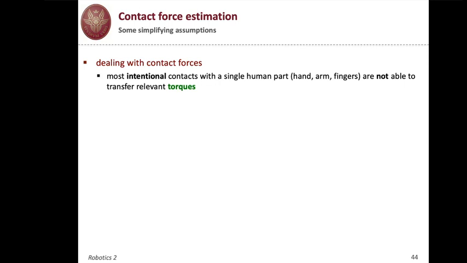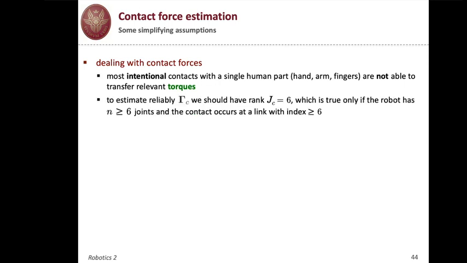contact force only. In fact, in order to get a good estimate of the wrench, gamma C, then the Jacobian should have rank 6. So the robot should have at least 6 joints, which is true for the KUKA lightweight, by the way.